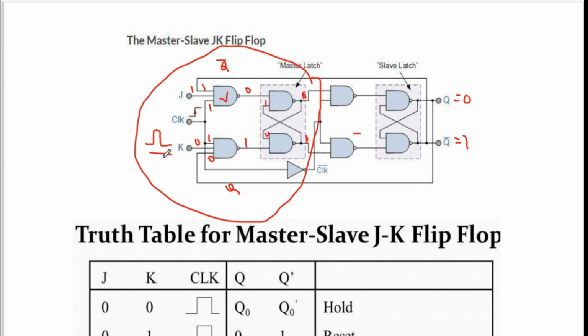Now when the clock pulse falls down, on the next clock pulse, the value of the clock becomes 0, and this 0 is traveling here. When the clock pulse is falling down, you know that there will be no operation happening.